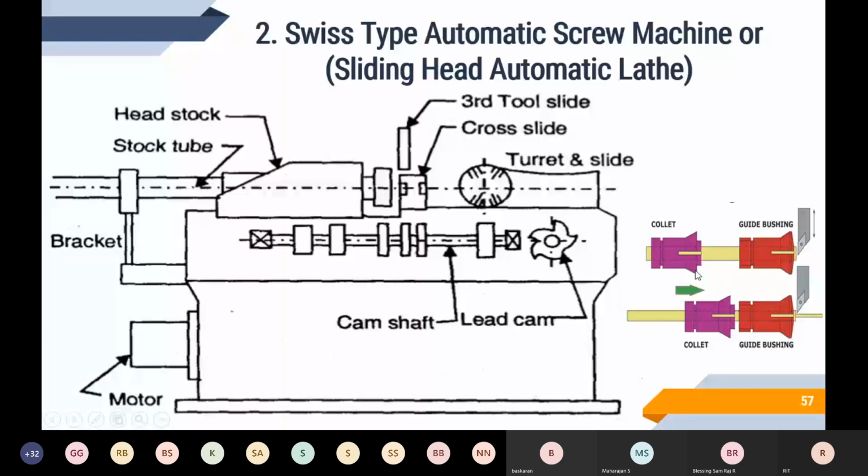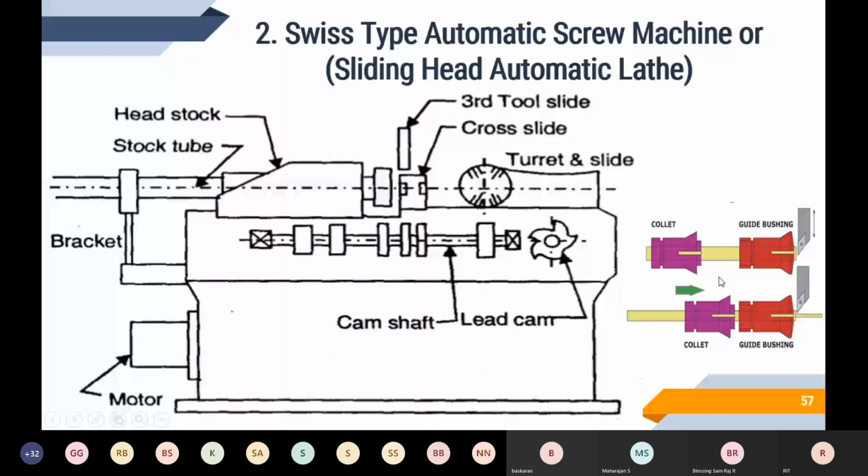It's controlled by a switch mechanism. It is used for producing long, accurate parts of small diameter, around 2 to 25 mm. The parts can be machined with accuracy of nearly 0.005 mm to 0.0125 mm. That's why it's very highly useful. You can see this mechanism in a micro tip pencil.